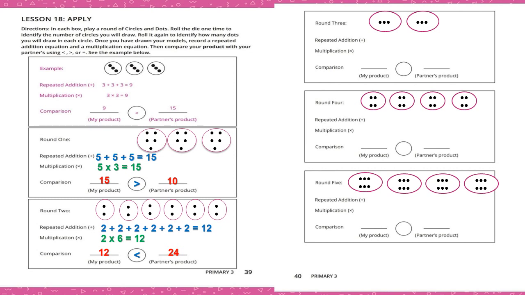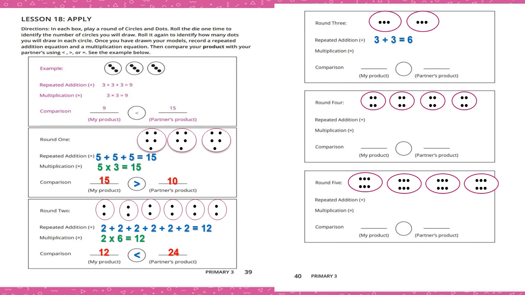The next page, number 3, we have 2 circles. Each circle has 3 dots. Then we find that 3 repeated 2 times. Then the repeated addition equation is we add 3 2 times. 3 plus 3 equals 6.